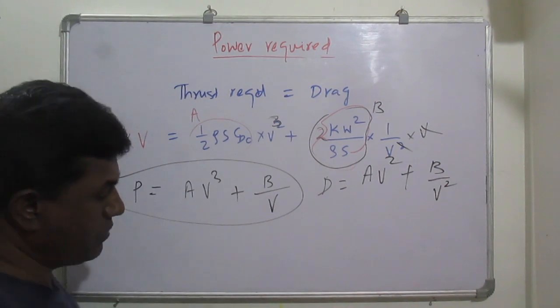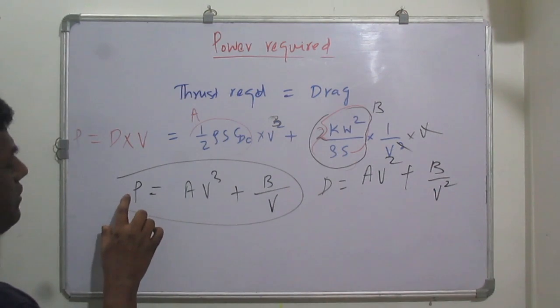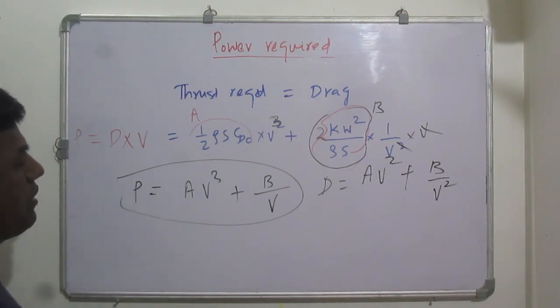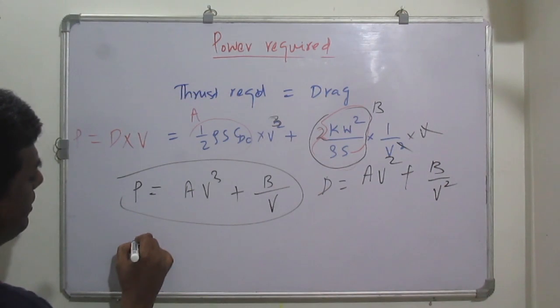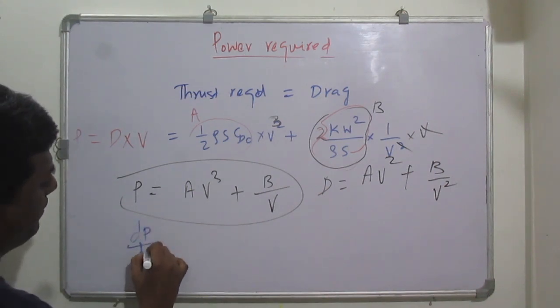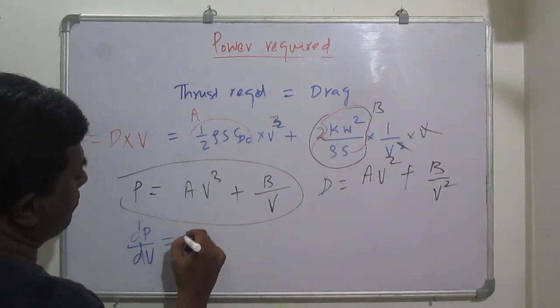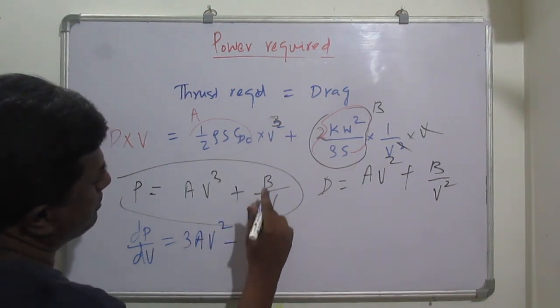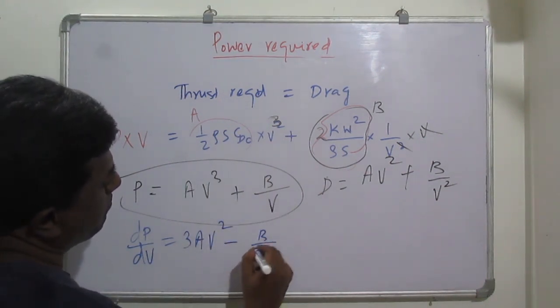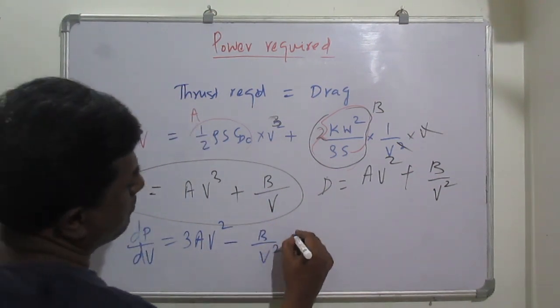Now if we want to find the minimum, we have to differentiate this equation and equate it to 0. For finding the minimum, dP by dV equals 3A V square minus B by V square, and this is equal to 0.